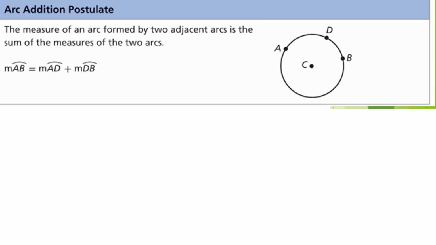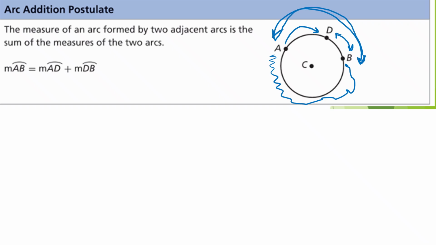Now, the measure of an arc formed by two adjacent arcs is the sum of the measures of the two arcs. So, for example, what is the measurement of AB? You can say that the measurement of arc AD plus the measurement of arc DB is the measurement of arc AB.